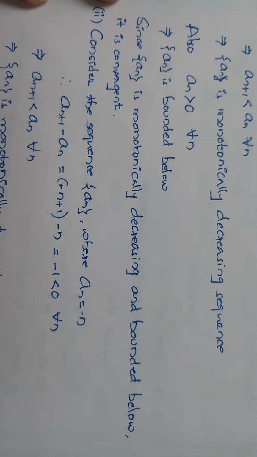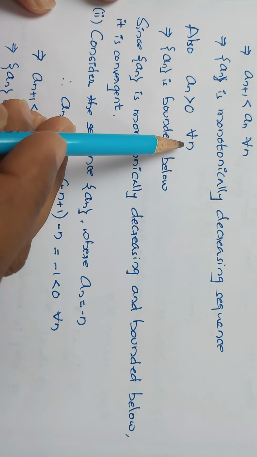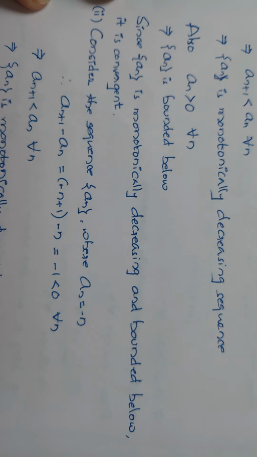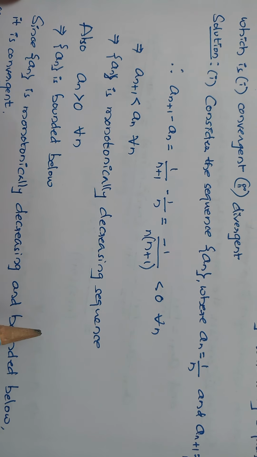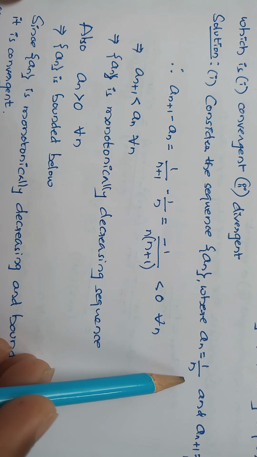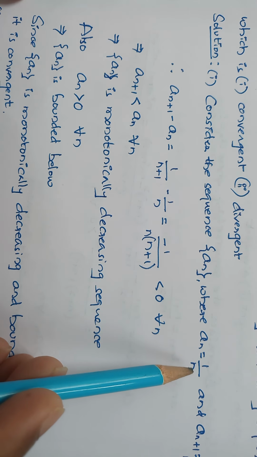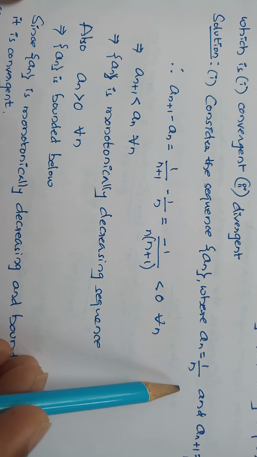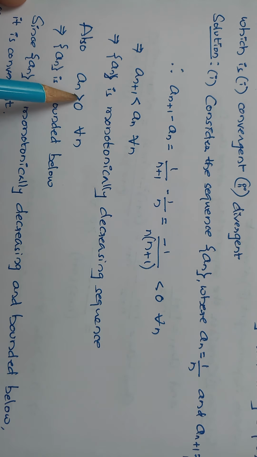Also, a_n is strictly greater than 0 for all n, because a_n is 1 divided by n. If you put any value of n, a_n is 1 divided by 1, 1 by 2, 1 by 3, that is 0.33, like that, which is strictly greater than 0.